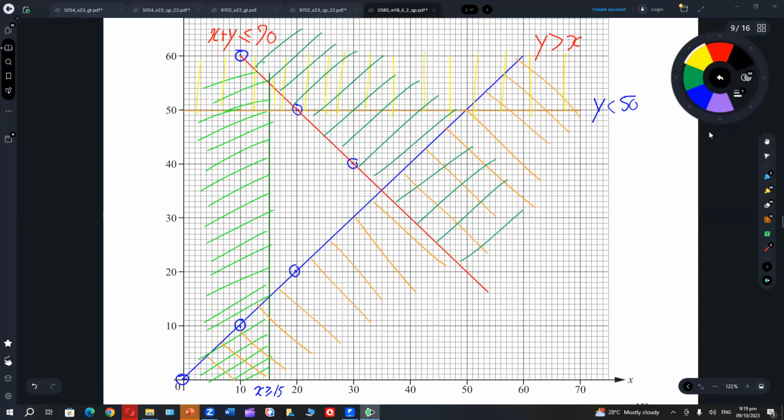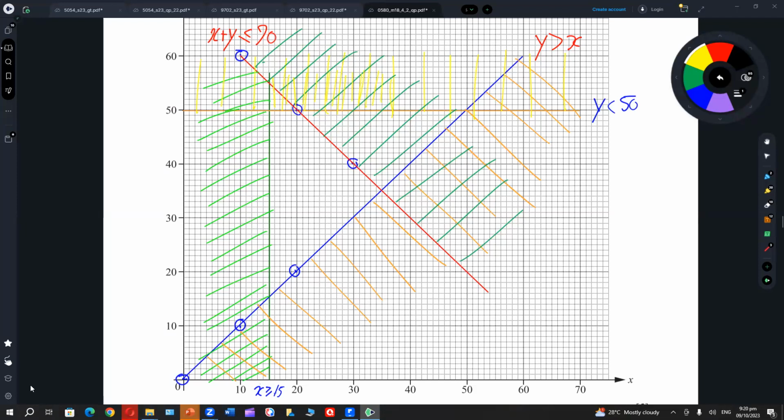Look at this island of shading. Now I need help.